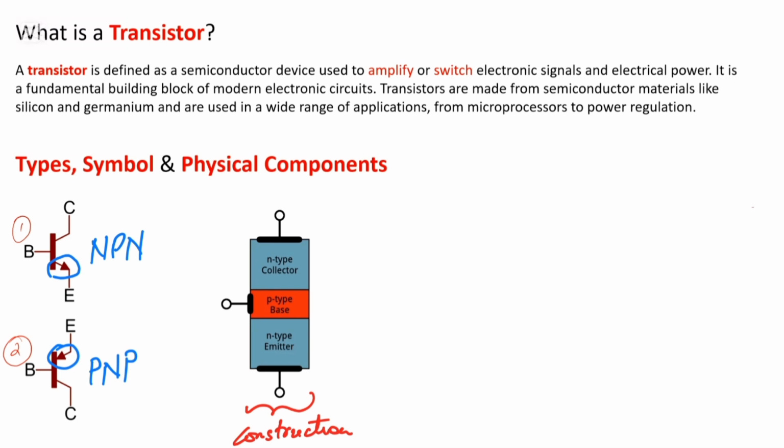We know that n-type and p-type semiconductor materials are formed during the process of doping. Similarly, the transistor is made up of n-type, p-type, and n-type semiconductor material. What you will identify from this construction diagram is the PN, which is similar to the diode. And in between, you have the depletion region.